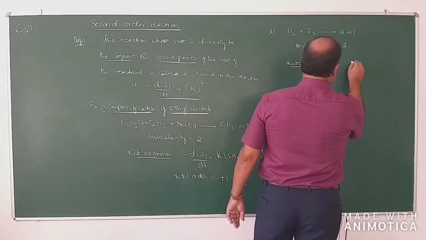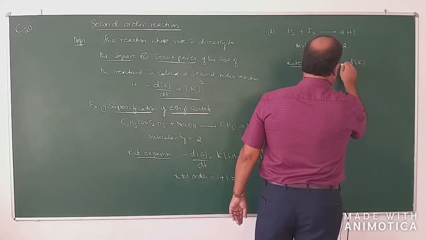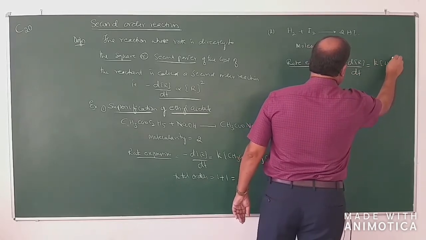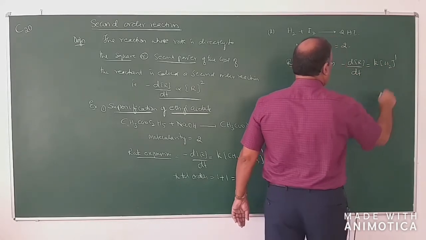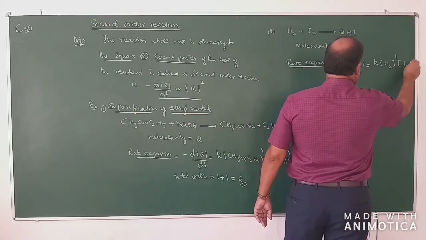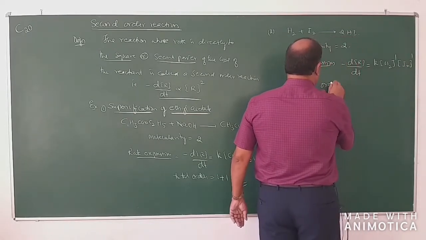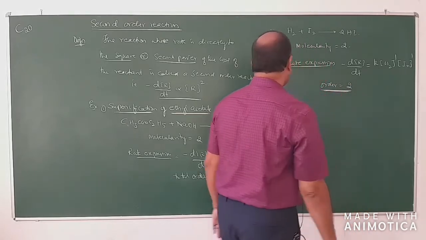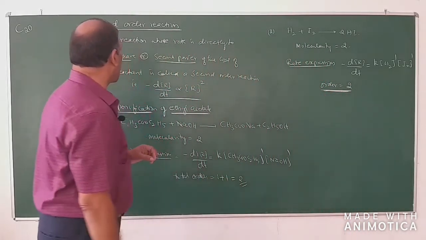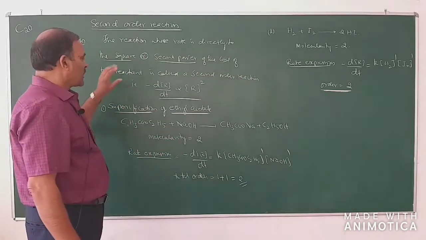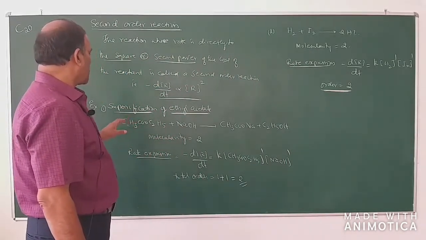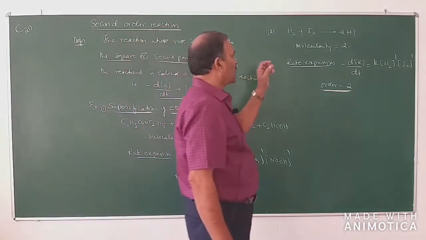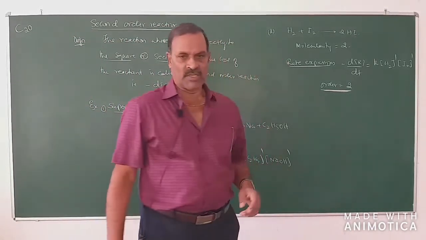Rate expression, minus dR divided by dt, is equal to k into concentration of H2 to the power of 1 into concentration of I2 to the power of 1. Therefore, order is equal to 2. It is a second order reaction. So you will be asked, define second order reaction, give example. Examples are saponification of ethyl acetate and the formation of hydrogen iodide.